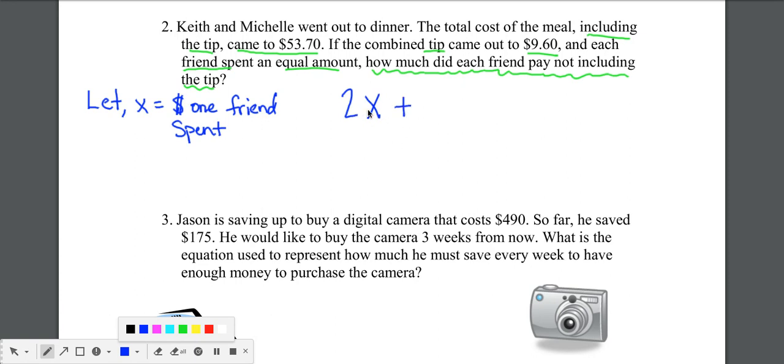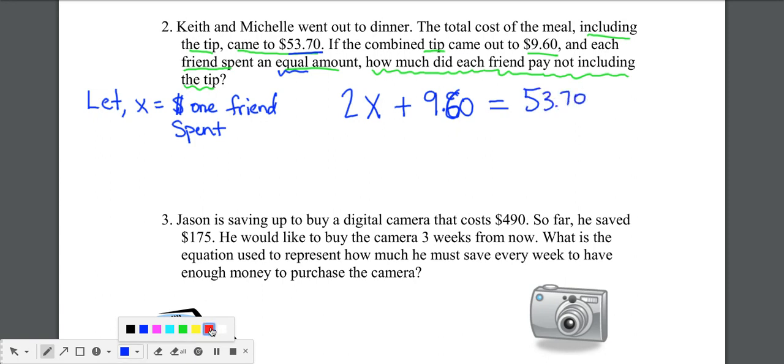This is 2 times x, since 2 friends are each going to pay the same amount, and then they add $9.60 on there. And then it's going to be equal to, in this case, there's no inequality statement. There's no less than, greater than. It just says right here, it's going to equal this total amount, this 53.70.